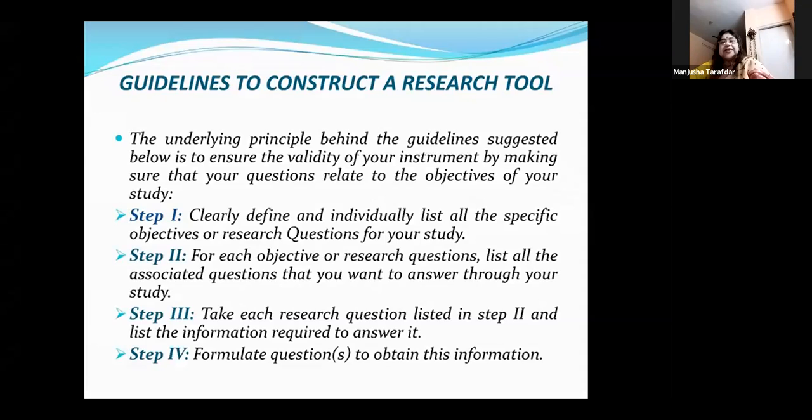A random stratified sample may be there, a random stratified convenient sample may be there. There are different types of sampling formula, and you have to follow all these things on the basis of your topic, your objective, etc.